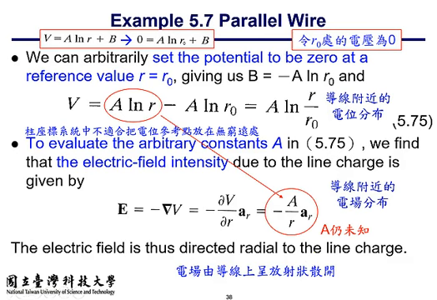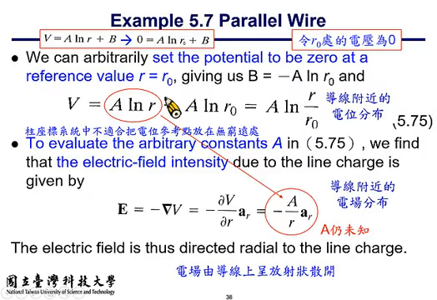Then if R equals R sub 0, you substitute this into the general solution, and you end up with V equals 0, because this is the place for zero potential. So V equals 0 equals A times log of R sub 0 plus B. Now you have the relation between B and A: B equals minus A times log of R sub 0.